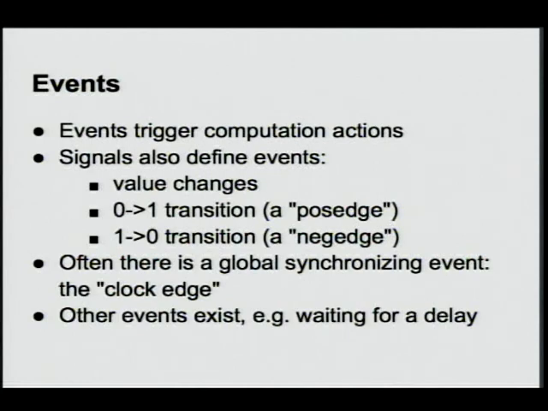And very often, there is this one signal which I talked about earlier, which is a globally synchronizing edge, and that's what we call the clock in digital hardware. And that's basically what is called synchronous design, if everything is triggered by a global clock event. And of course, you can define other events. For example, you can define a delay, so you wait until a delay expires, and only then you continue with some further computation.